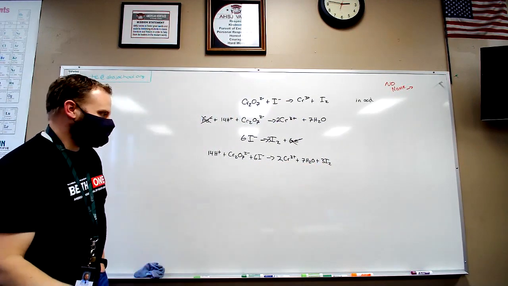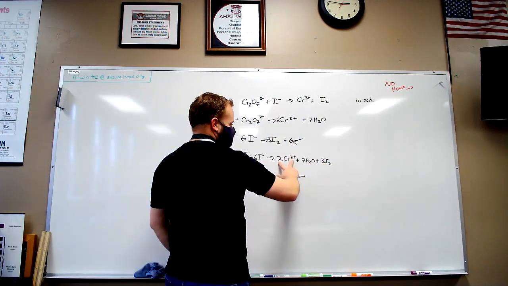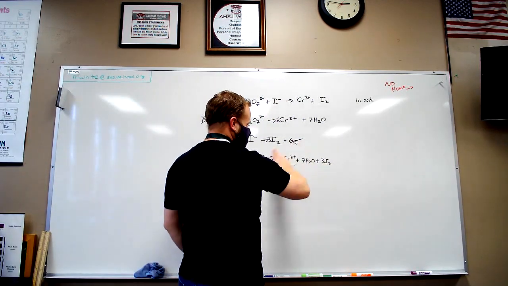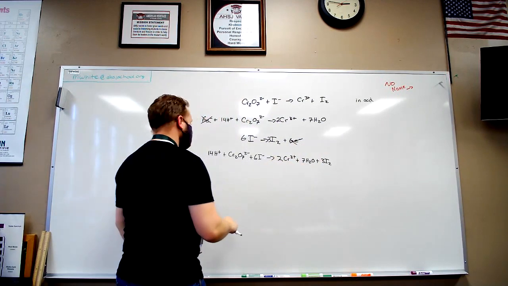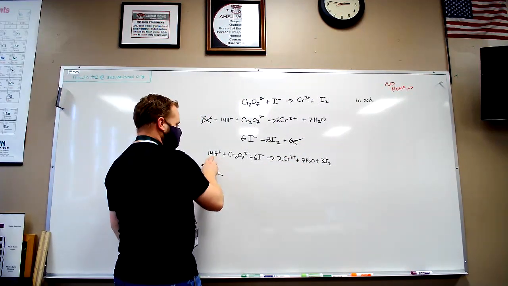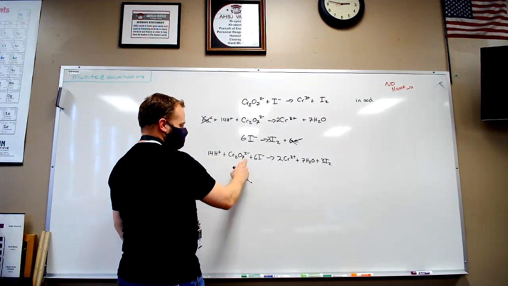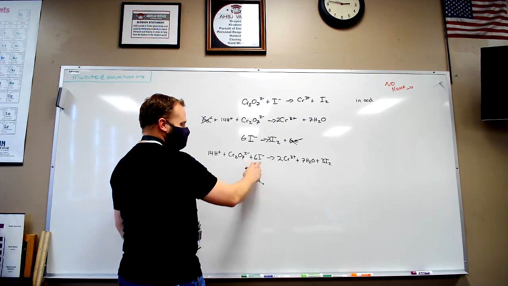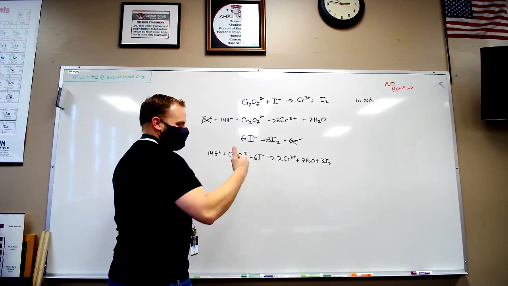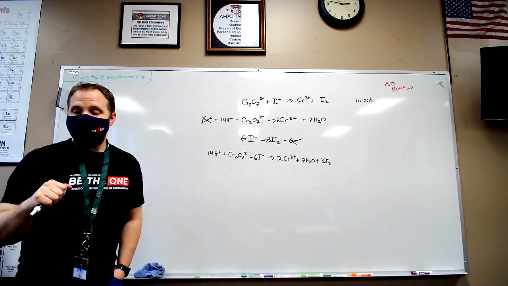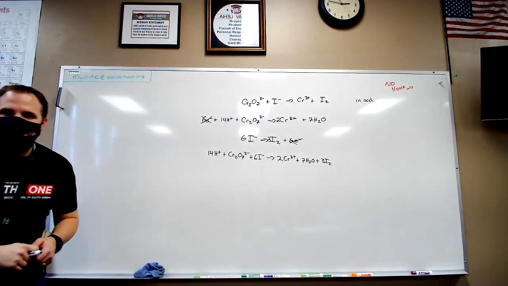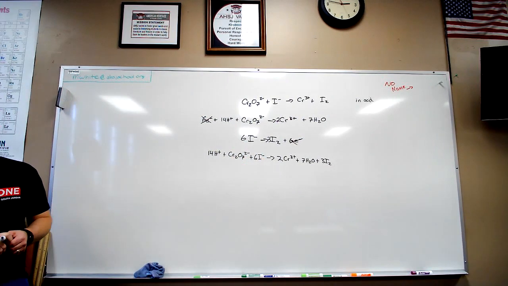As far as the charges, positive 6, 0, 0. So over here is positive 6. Here we have 14 positive, minus 2, which brings it down to 12, minus another 6, brings it down to 6. It didn't give us any spectator ions, so we have nothing left to put back in, and we are finished.